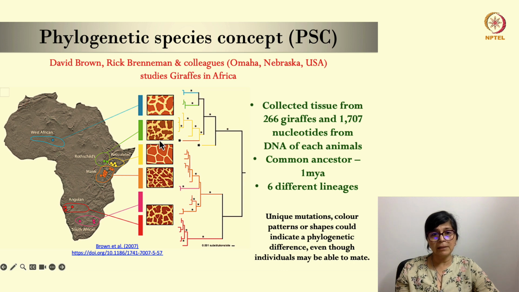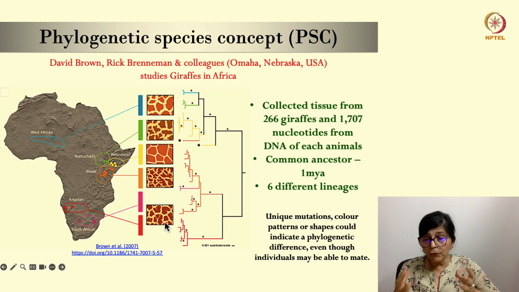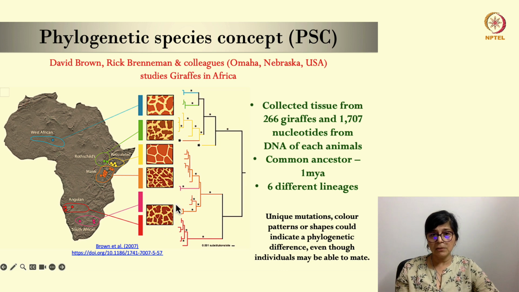Rothschild and reticulated are among my favorites. Then here you have the South African pattern and the Angolan pattern, which look kind of very similar also. You can see this is a merging pattern, right? So in these two clades, these two separations, the pattern is morphologically looking the same, but they belong to two different areas.